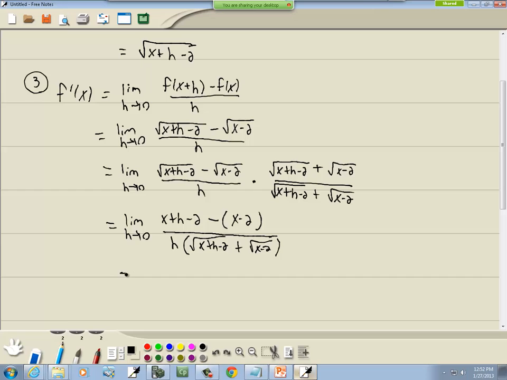There we go. Now remember what a negative does out in front of your parentheses. Flip the sign of everything inside. So we got x plus h minus 2 minus x plus 2 over h times square root of x plus h minus 2 plus square root of x minus 2.